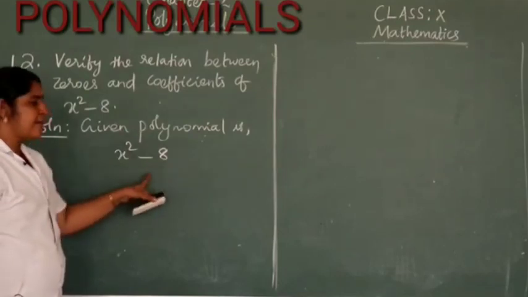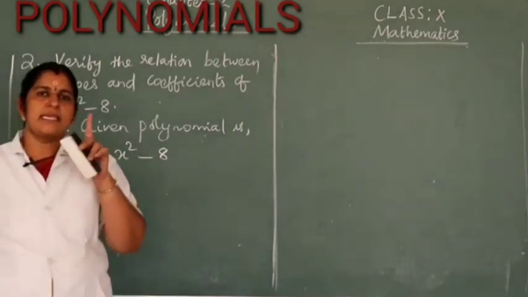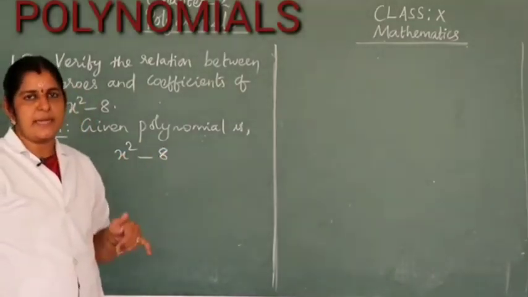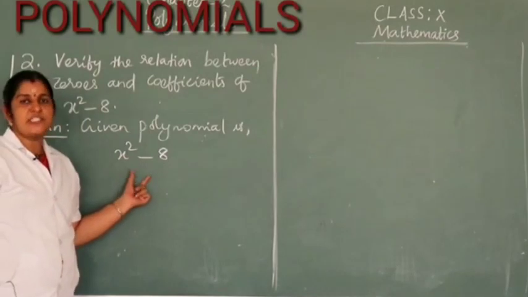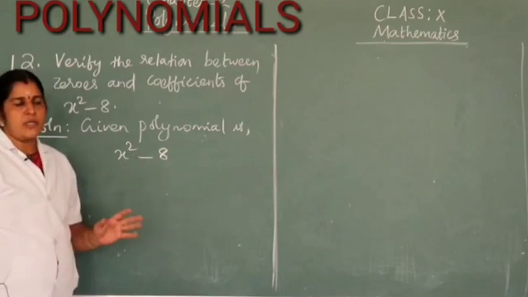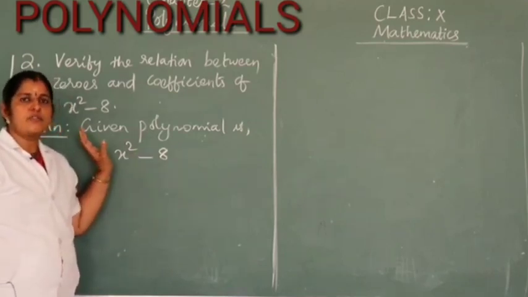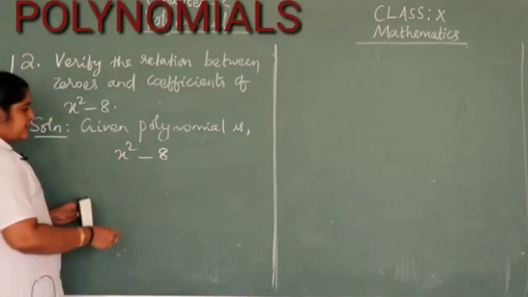So when this type of quadratic polynomial comes with any one term absent, you need not apply the method of splitting the middle term. Instead we can do the factorization method or common factor method to find the zeros. So here because one term is not there, we are not going to use the splitting the middle term method. Okay. So how to write this?